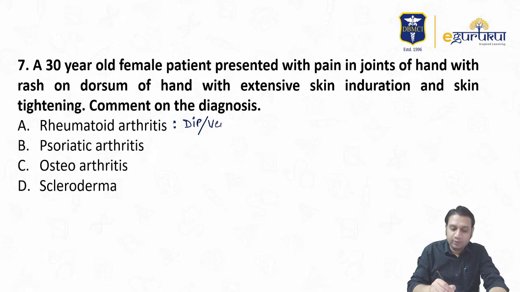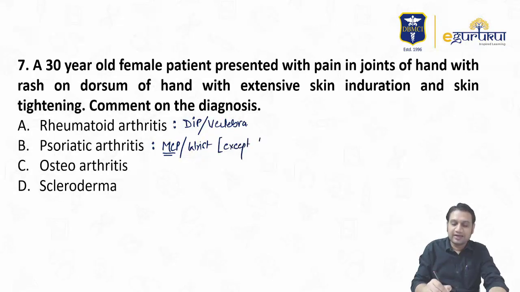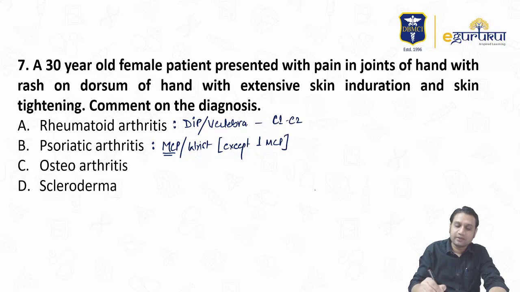The DIP and vertebra, these are 2 exceptions which are not involved in rheumatoid arthritis. Osteoarthritis, the exceptions are MCP and the wrist, right? MCP here is the exception, the first MCP. And when I tell you about the vertebra, it is C1-C2, which is an exception here, right? This C1-C2 is the exception in rheumatoid.